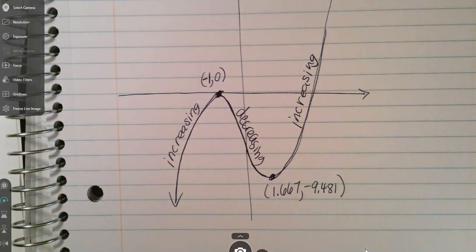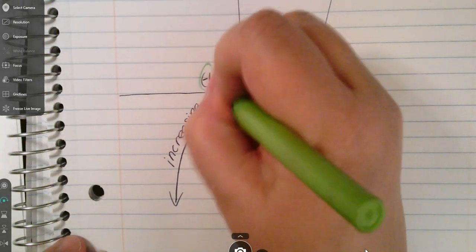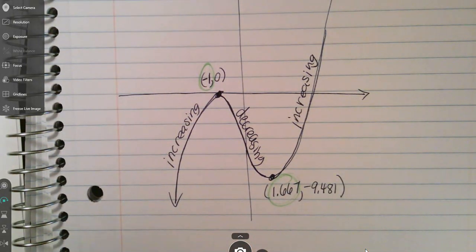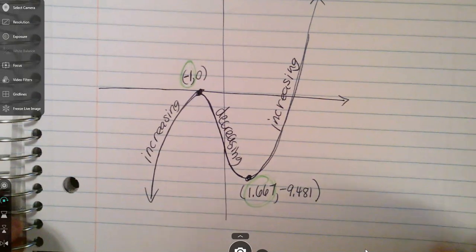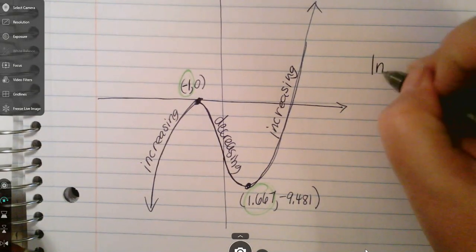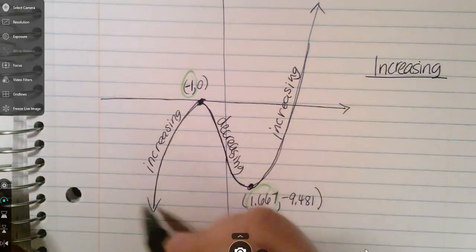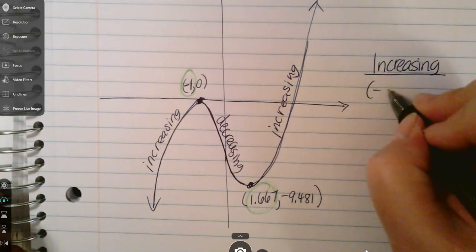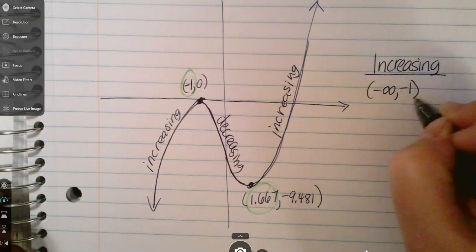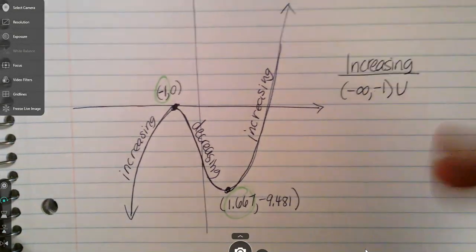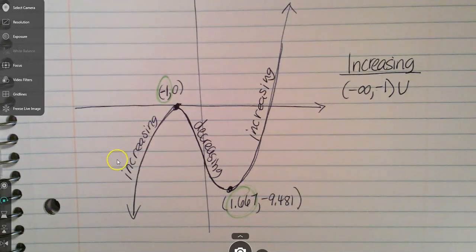And we're going to use the x values of our turning points as the sort of boundaries for that. So what I'm going to write is that I'm going to say it's increasing from negative infinity up to negative 1. And we use the union symbol as an "and" here, especially when you're doing Delta Math, you'll need that.